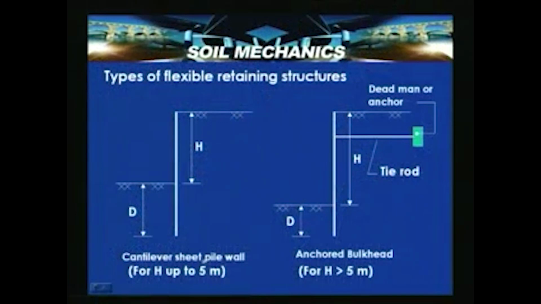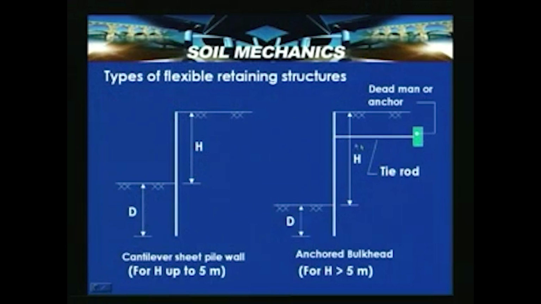Sometimes the wall heights are more than 5 meters. Cantilever walls are actually used up to 5 to 6 meters. But where the retaining height is more than 6 meters, then to manage with the given section, they are anchored by using an anchor plate, an anchor sheet pile wall, or batter piles, along the length of the wall.